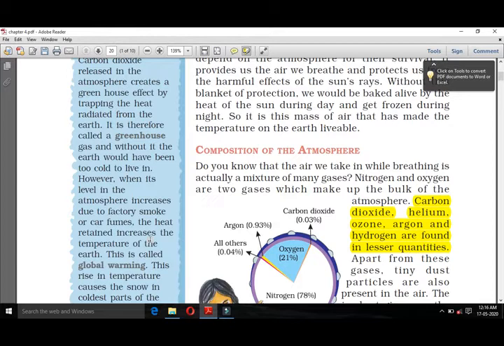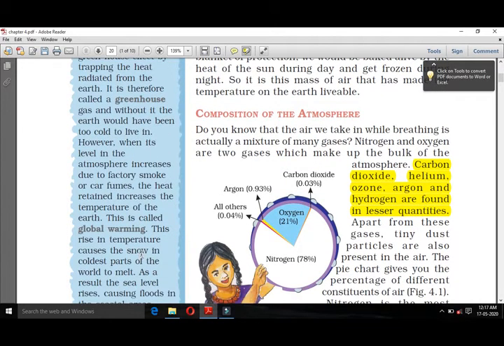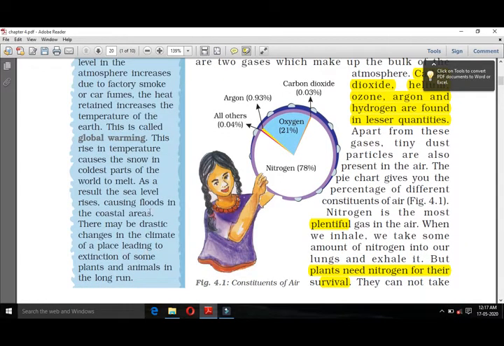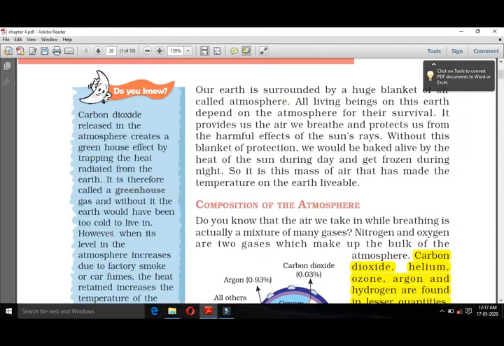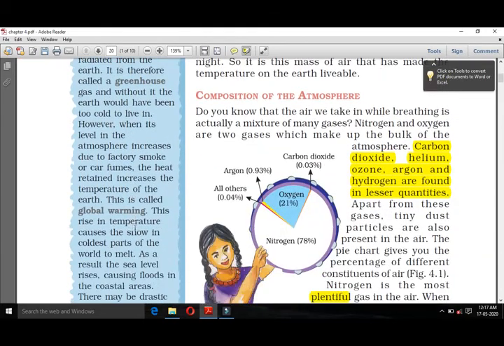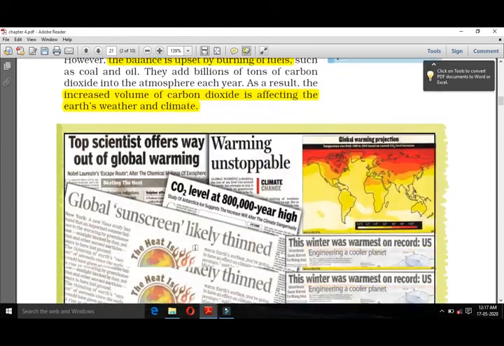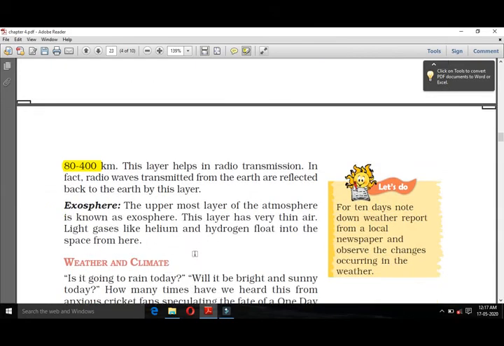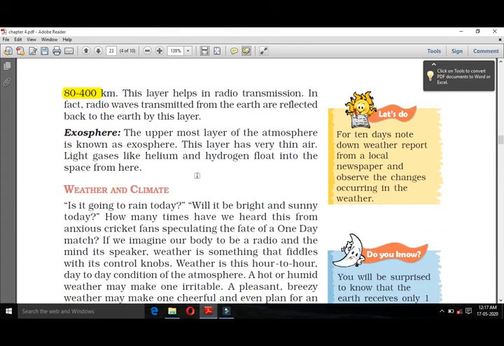The effects of global warming are that our sea level is rising, icebergs are melting, and the weather is also getting very hot, because it is disturbed by too much carbon dioxide. So this is greenhouse and global warming, and up to that much is our discussion. Next we will discuss the rest of the chapter.